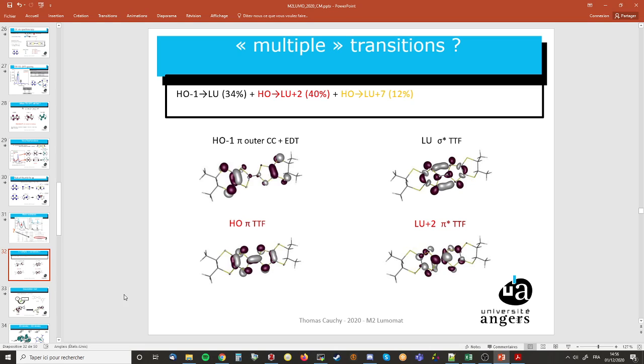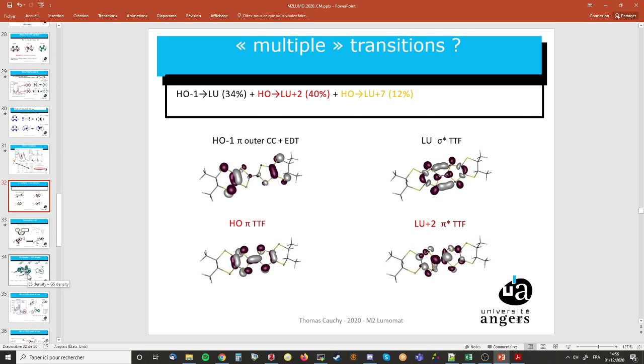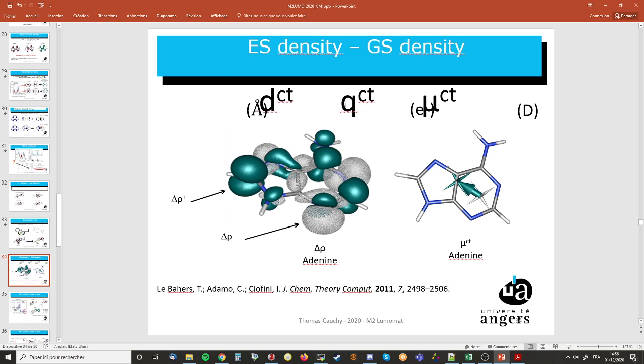That is why we will use the electronic density approach. That means that instead of looking at the wave function, we can look at the density. I calculate the density of the ground state, I calculate the density of the excited state, and I do excited state density minus ground state density.